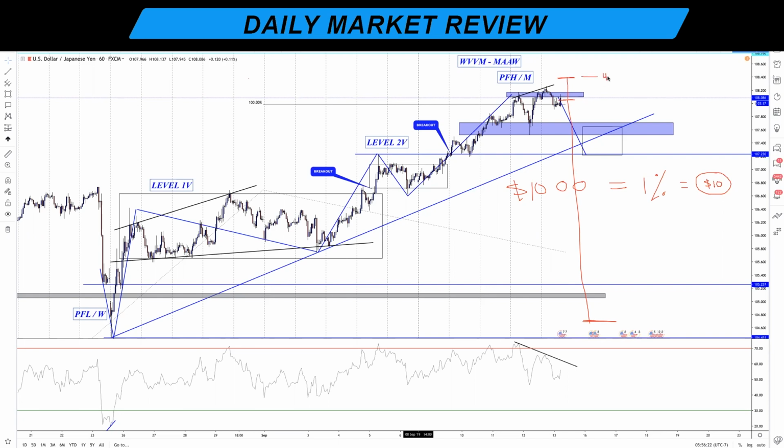So minus 40. This $10 would be divided by the 40, and that's going to give you an average 1 pip value. Let's take out our calculator and I'll show you real quick. All right, 10 divided by 40, not 40 divided by 10, 10 divided by 40, okay? Remember that.